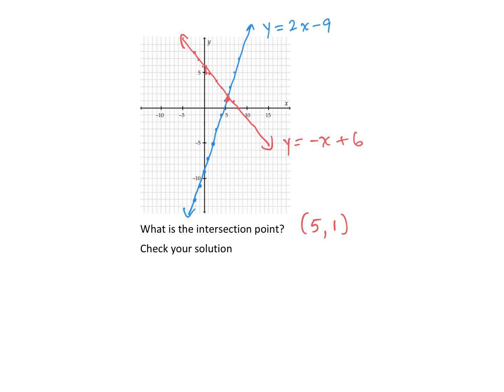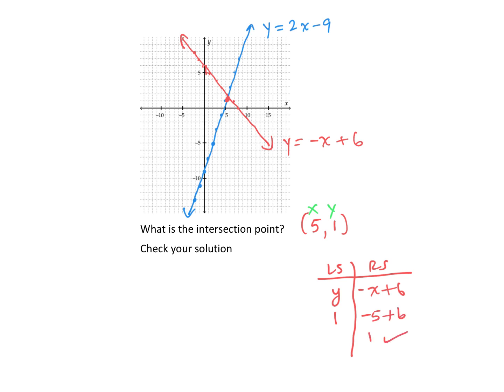Okay, and we can see if we're right. Sometimes it's hard on a graph to see where it is, so we're going to check with our left side, right side equations to see if we're correct. So the red line is y equals negative x plus 6. We have a value for x of 5 and y of 1. So negative 5 plus 6 is 1.